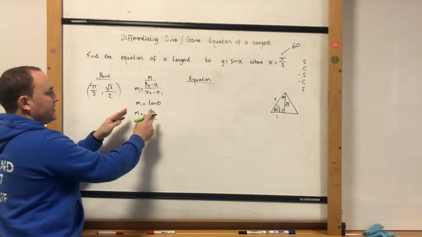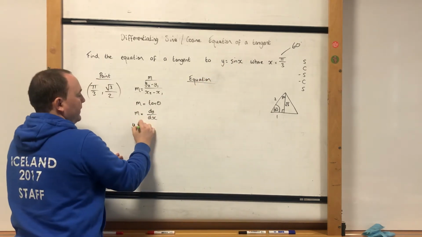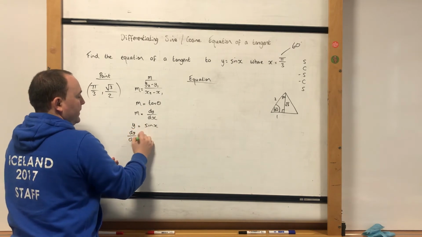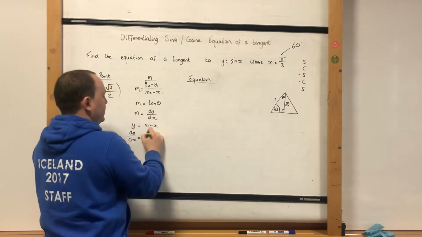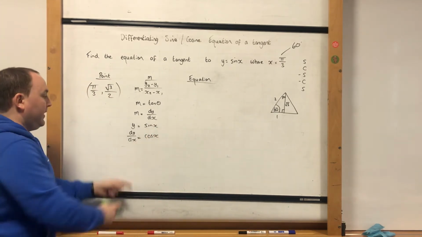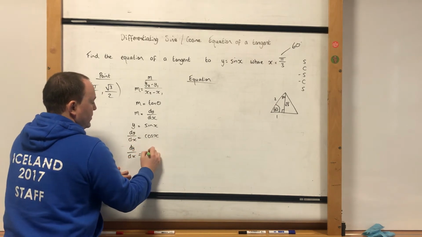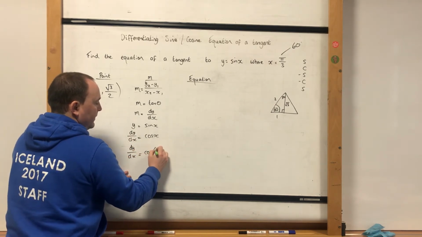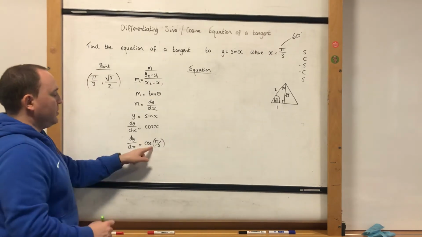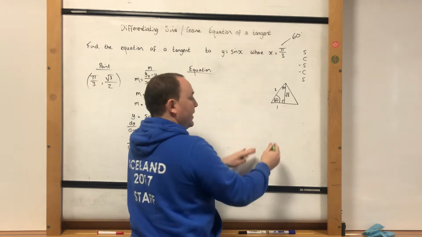The derivative of sine x is cosine x. But what is the gradient? The gradient is the value at that particular point, so it's cosine of 60, pi by 3.